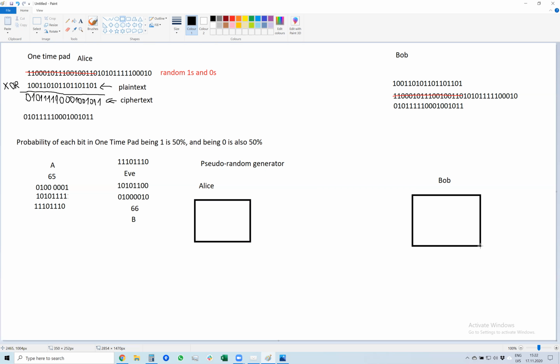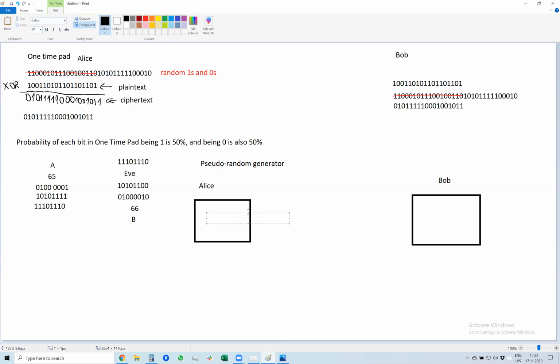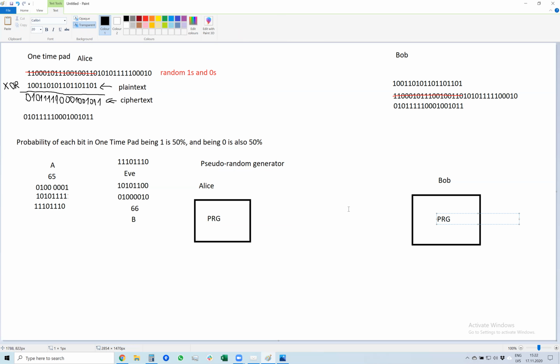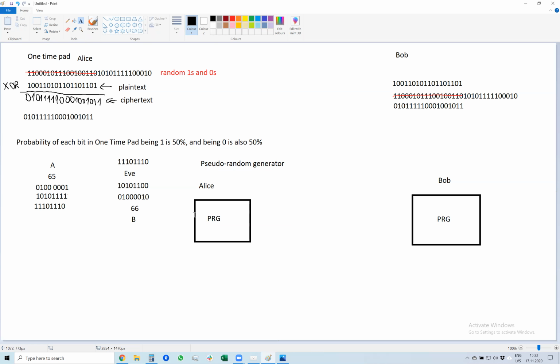It's not completely random, it's pseudo-random, because you need to know the password as the beginning of this pseudo-random generator. So Alice and Bob both use the pseudo-random generator, PRG, and as input, this pseudo-random generator requires a key.